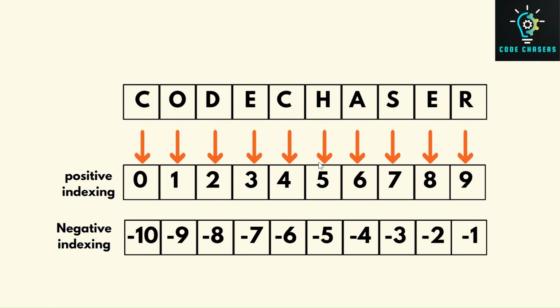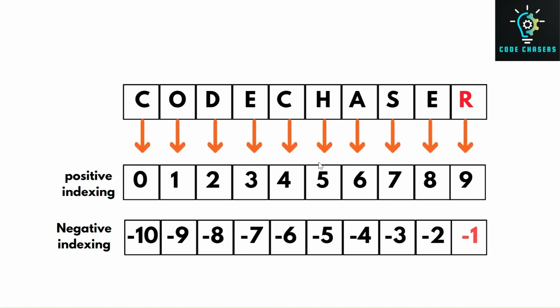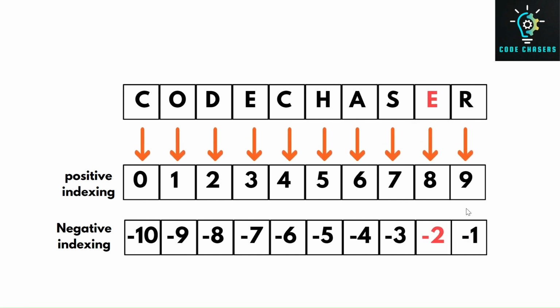Negative indexing allows us to access the characters from the back of the string, and negative indexing always starts with -1 and it starts from the back of the string. If we see, the last character in the Code Chasers string is R. In negative indexing, the last character will hold a position of -1. The second last character in the string, that is E, will hold a position of -2 in negative indexing.